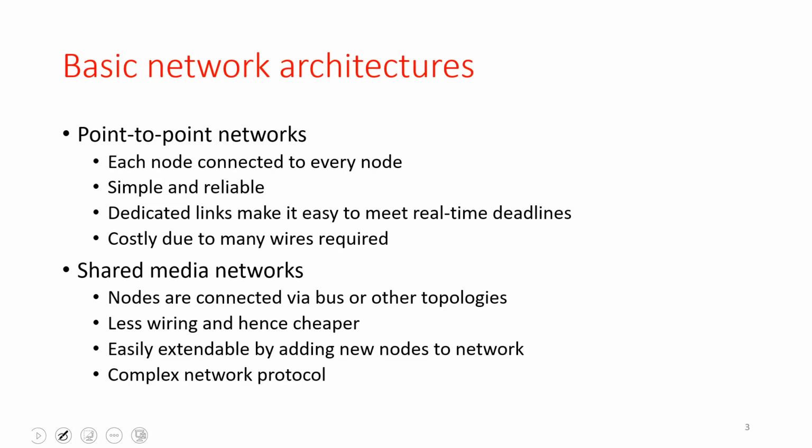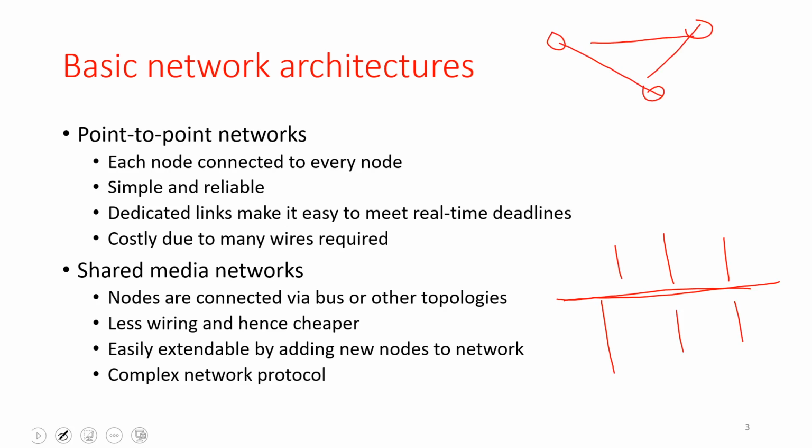So the wiring that is needed is much less because they only need to connect to this common bus. So we would have this common bus and all the nodes can just come and connect to this common bus. Whereas in the case of the point-to-point networks, each of those things had to connect directly to one another.